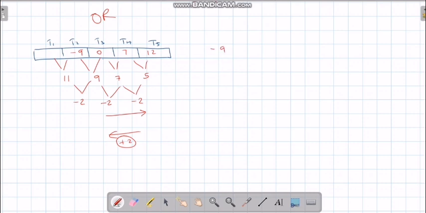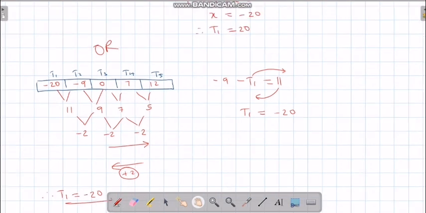Minus 9 minus term 1 must give us what? 11. Therefore, term number 1 is equal to minus 20. Therefore, T1 is equal to minus 20. And the same.